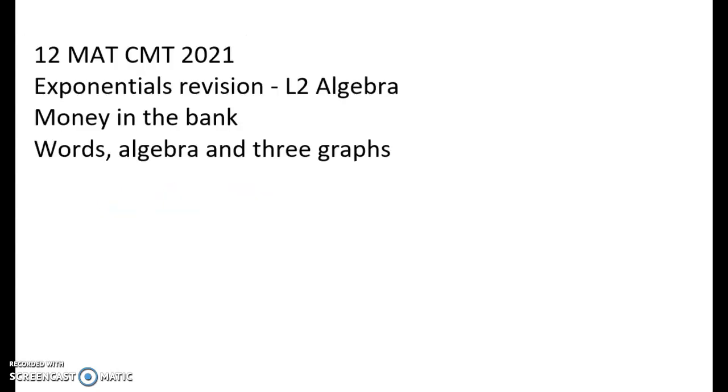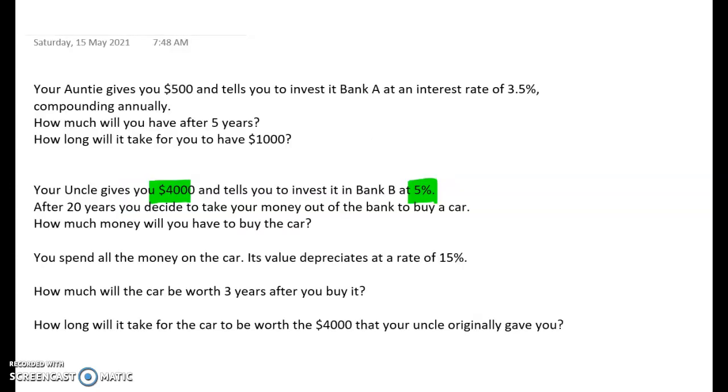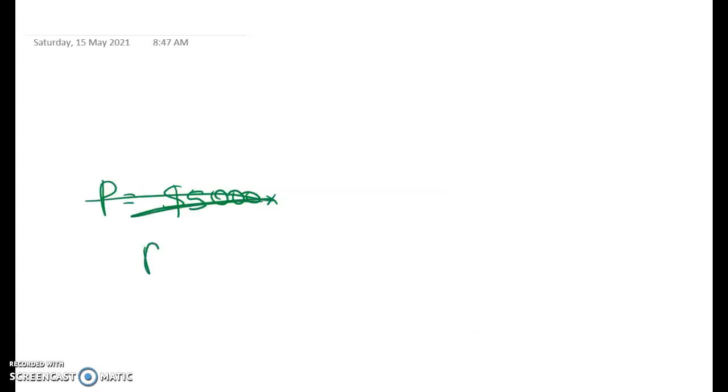Well, that should feel pretty easy now. So P is going to equal the $4,000 that he gave us. The interest rate's a little bit better, so it's times 1.05.